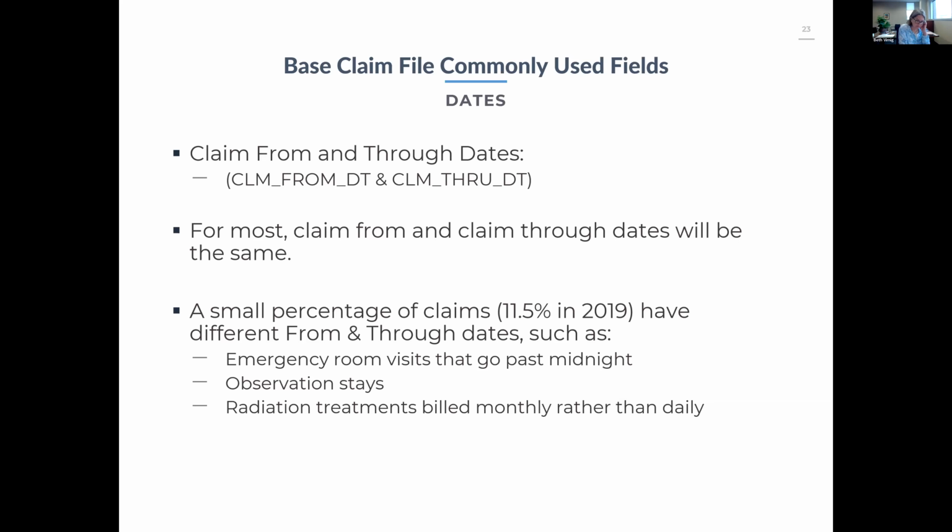That's saying those are the limits for which the charges apply, 1 calendar day. Alternatively, if it was something like radiation, the claim from date would be June 1st, 2023, and the claim through date would be June 23rd because all of the treatment is ending today. So that is what a claim through date is.